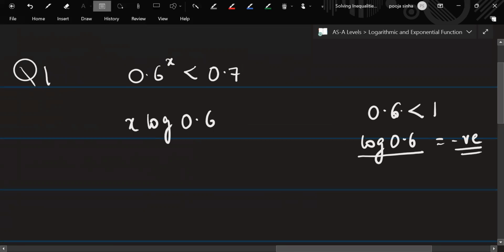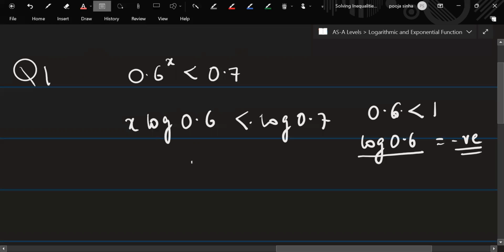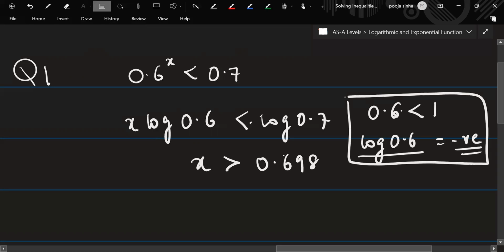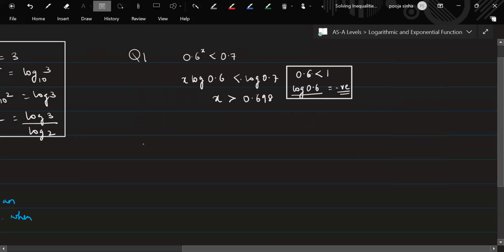That is why at the end, you must have done log of 0.7, and x will be greater than 0.698 instead of less than. And that happens because of these two pointers here, correct? Okay.